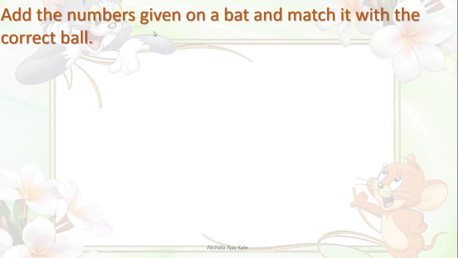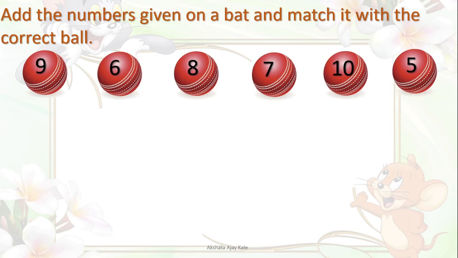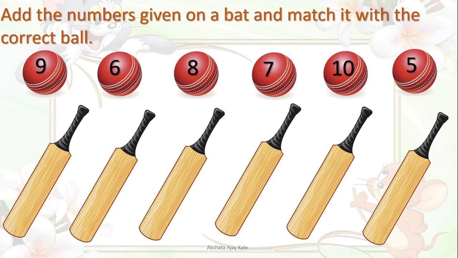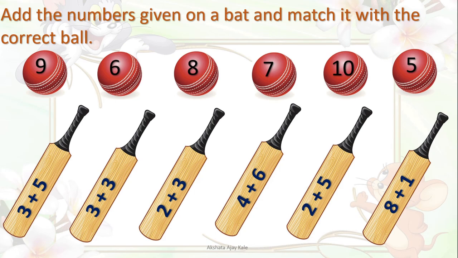Add the numbers given on a bat and match it with the correct ball. Means here we will go through some cricket bats and cricket balls. These are cricket balls and cricket bats, isn't it? On each cricket bat there is an addition. What we have to do?